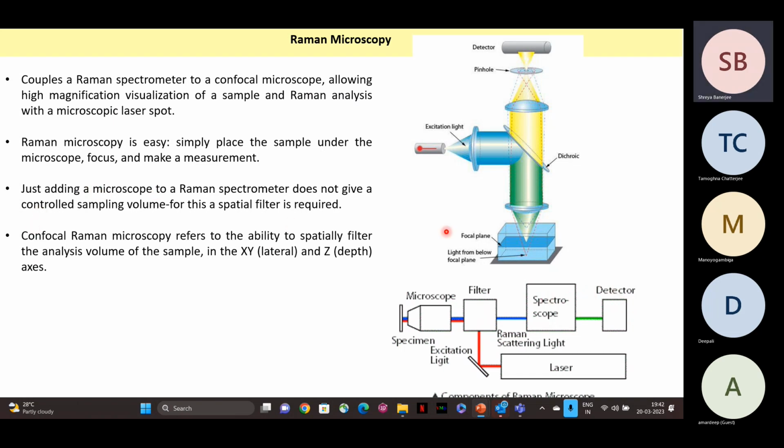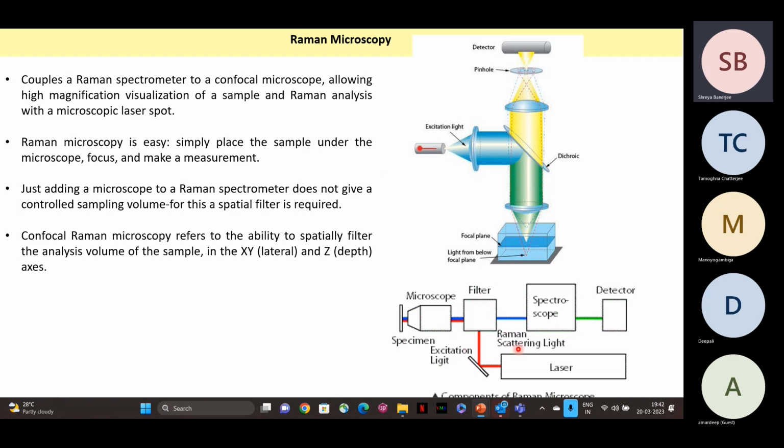The microscope that is normally used is called a confocal microscope, and it can easily help to identify the X, Y, and Z axis of the sample.